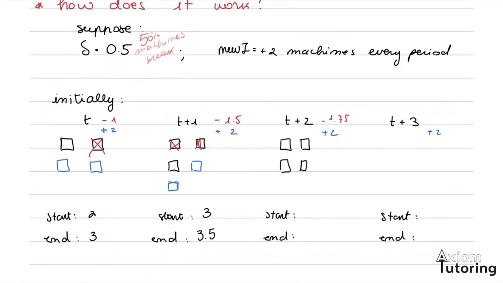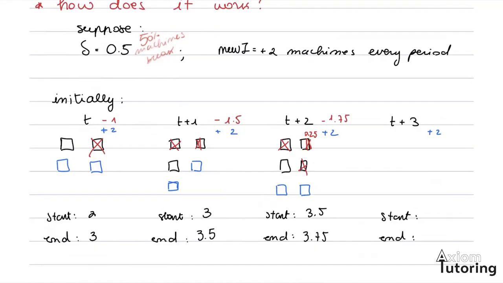So again, it's becoming a little bit tricky to do this visually, but let's say we are canceling 1, we are canceling a half, and let's say we are canceling 0.25. However, we are also adding 2 new machines. So when we started with 3.5, we are now left with 1, 2, 1, 2, 3, and here we have a 0.75 machine.